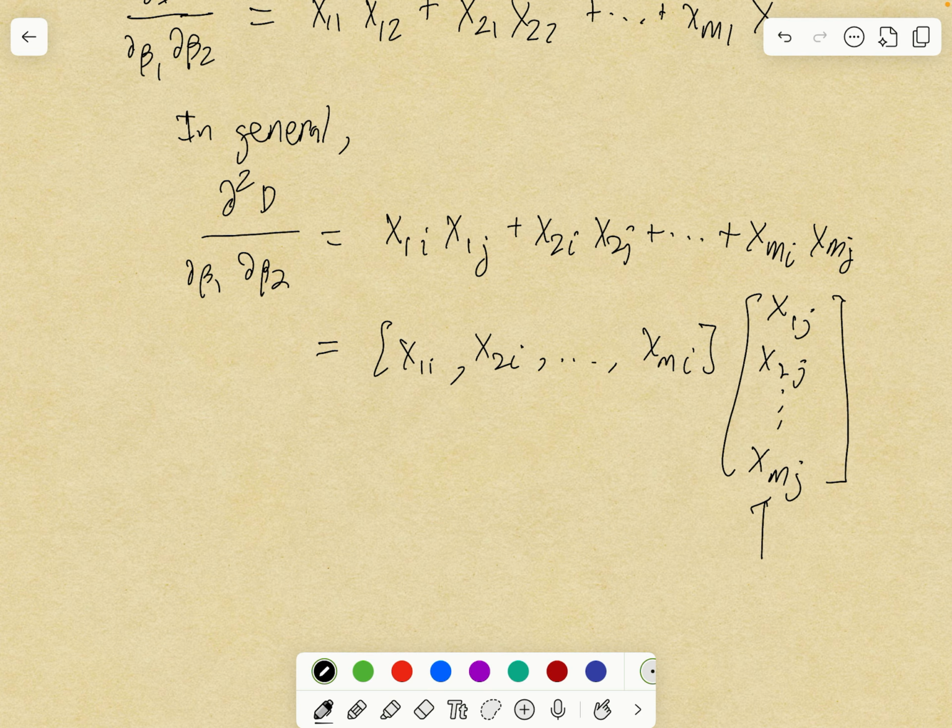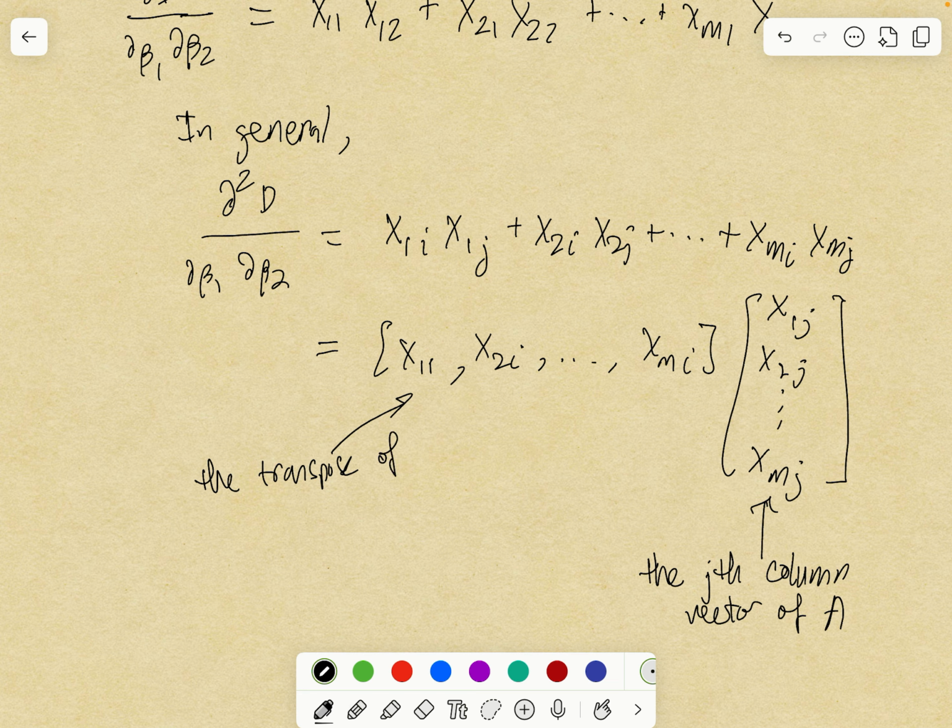Well, this vector is the jth column vector of A. And this one is the transpose of the ith column of A.